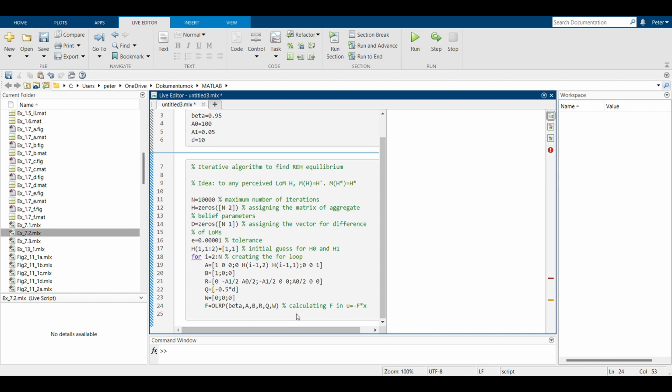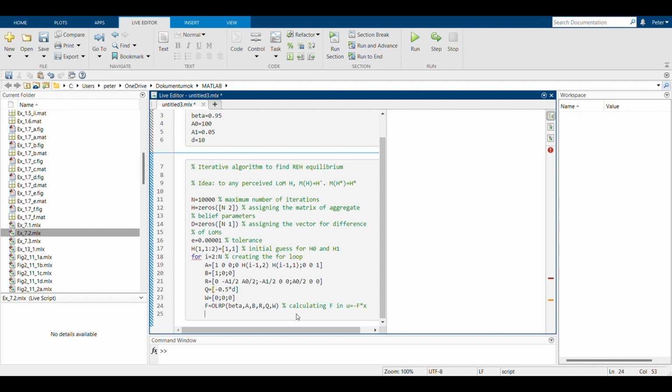If not, we will use the new law of motion as a belief law of motion, and we will solve the problem with this belief function. We will go on until we find a perceived law of motion that implies itself as an actual law of motion.